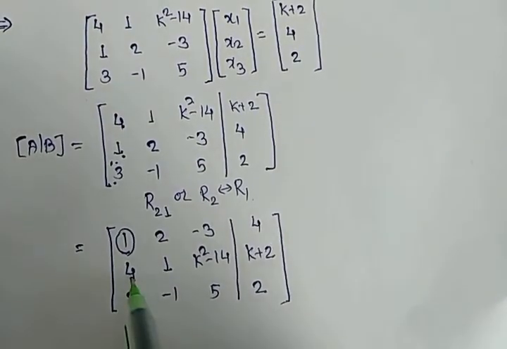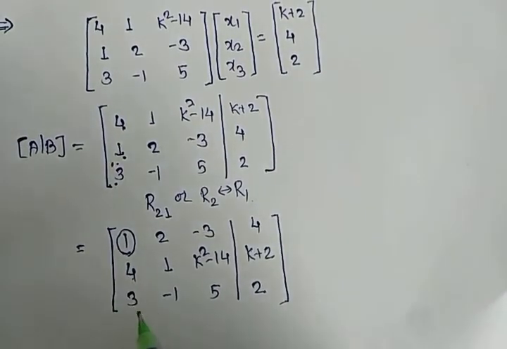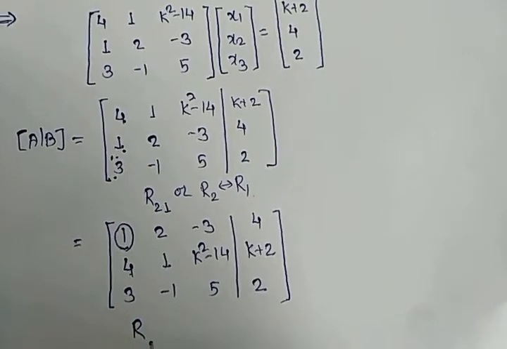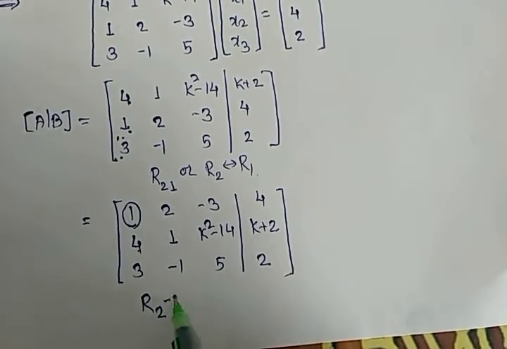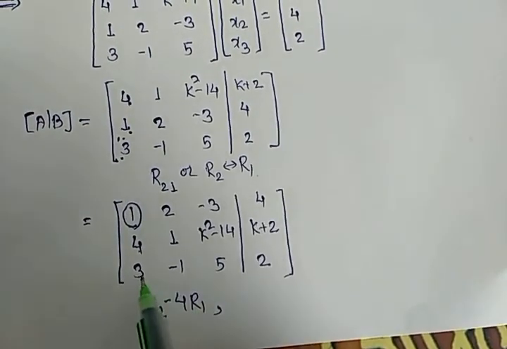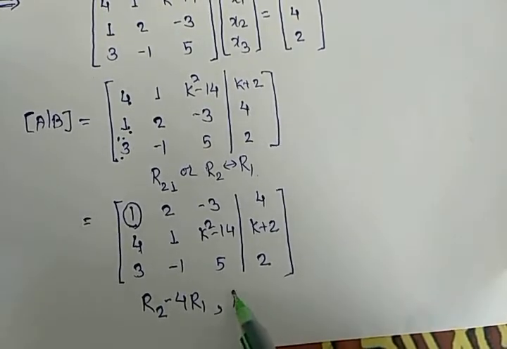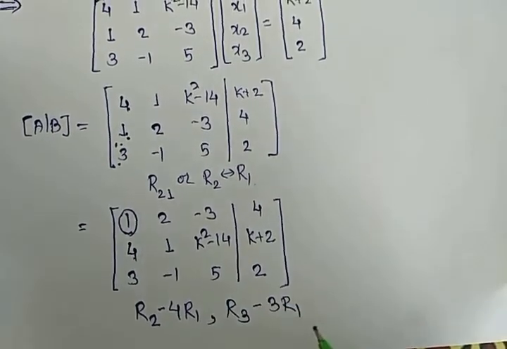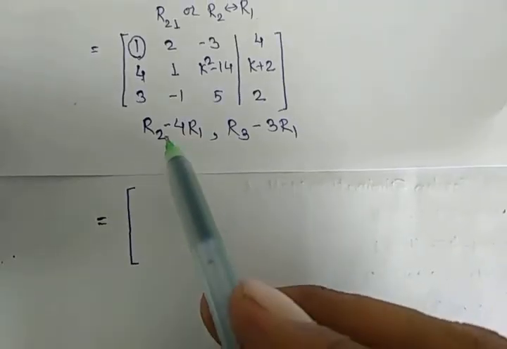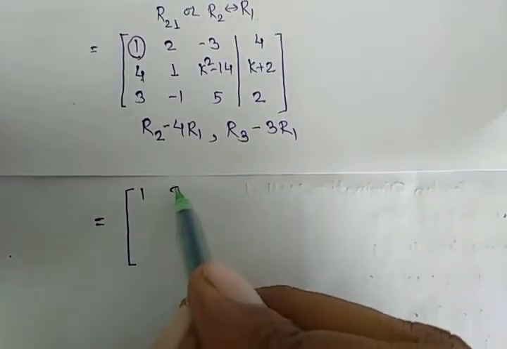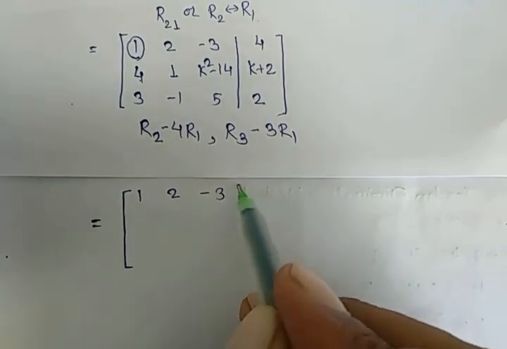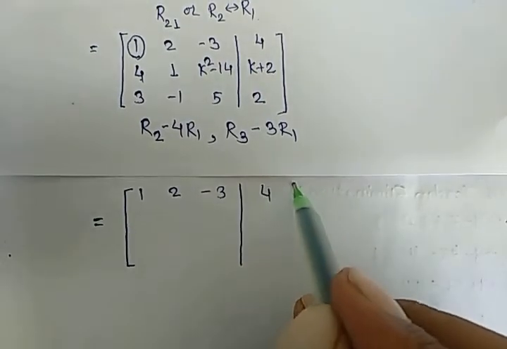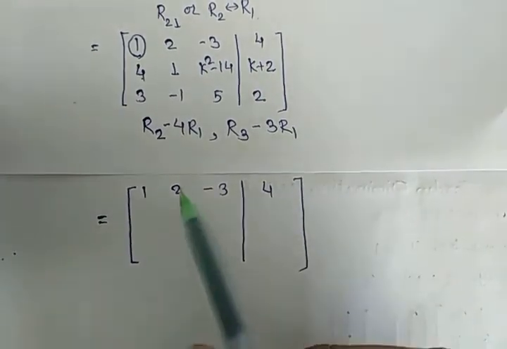Next, to make 0 below the leading one, we have row operation R2 minus 4R1, and to make A31 zero, we have row operation R3 minus 3R1. So we get first row as it is: 1, 2, minus 3, 4. In the second row there are changes.